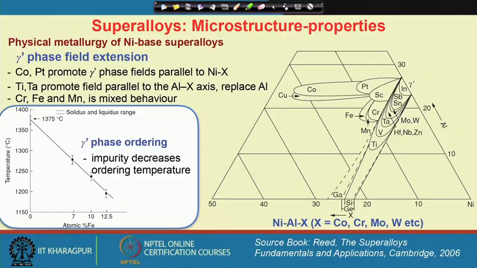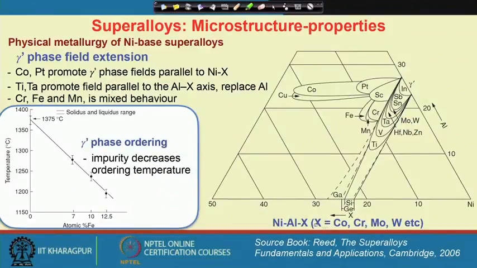Now, if we look at the composition of these nickel based superalloys, many different alloying elements have been added so far. Let us think about the addition of different alloying elements, like cobalt. Cobalt is always alloyed with nickel, and chromium is there, molybdenum and tungsten, etc. So, we should not consider only nickel aluminum, but let us call it nickel aluminum X, where X is one of these metals.